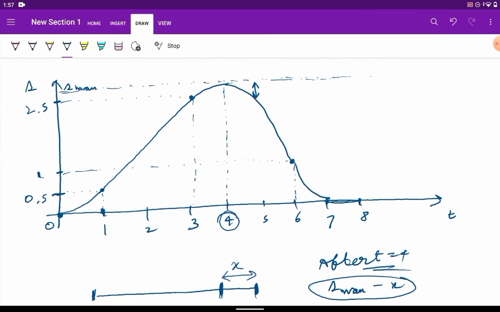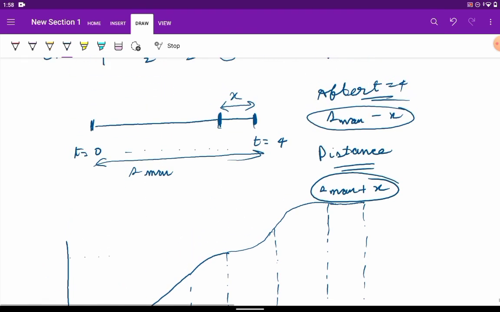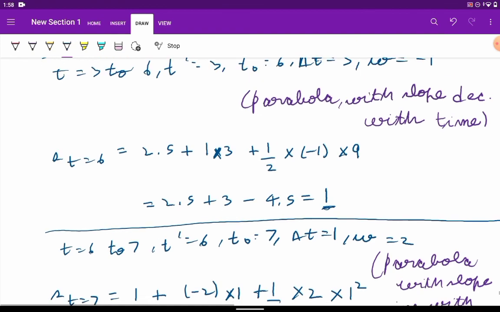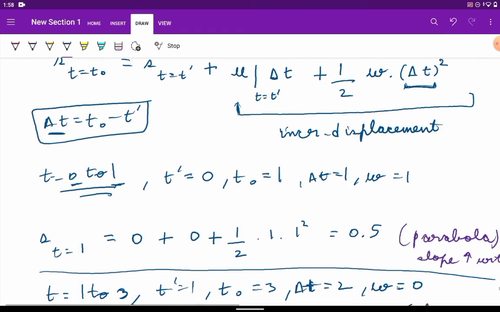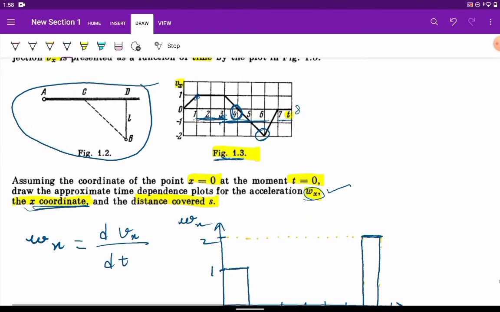Of course, we can easily calculate what the distance would be at t equal to 4. We can either use the formula, or we can directly see from here that from 0 to 4, the area under the curve of v versus t gives our S max.